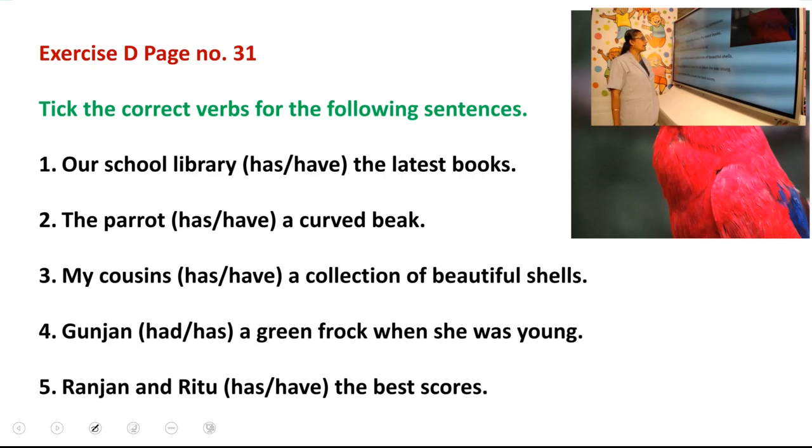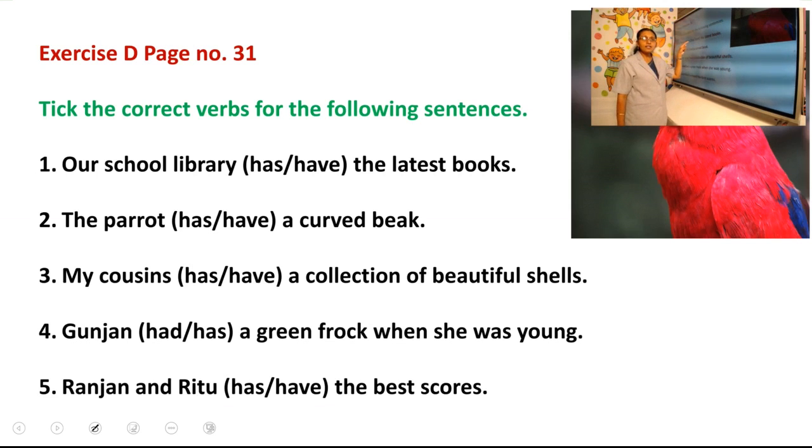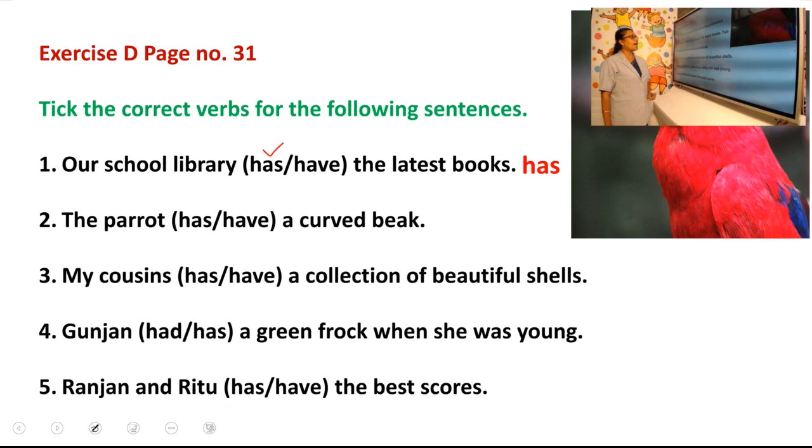First one, our school library has or have the latest books. Our school library, that is singular, so we have to use the singular verb. Which is a singular verb here, has or have? Very good, has. So the correct answer is: our school library has the latest books.